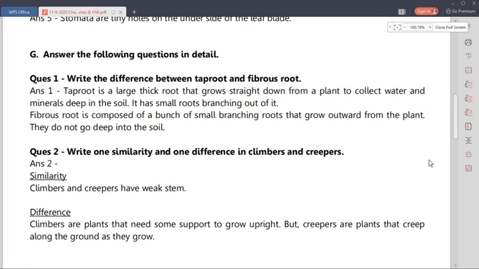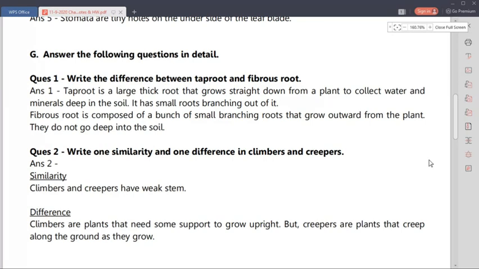Answer is, taproot is a large thick root that grows straight down from a plant to collect water and minerals deep in the soil. It has small roots branching out of it. Fibrous root is composed of a bunch of small branching roots that grow outward from the plant. They do not go deep into the soil.